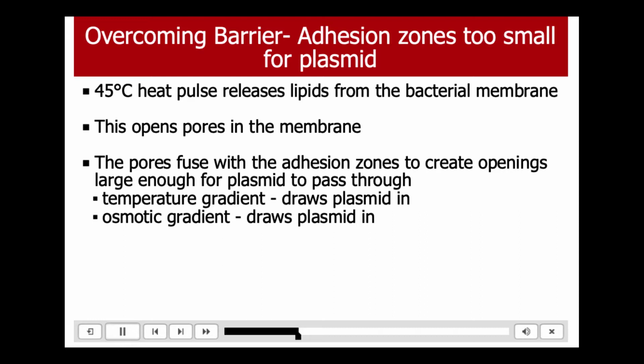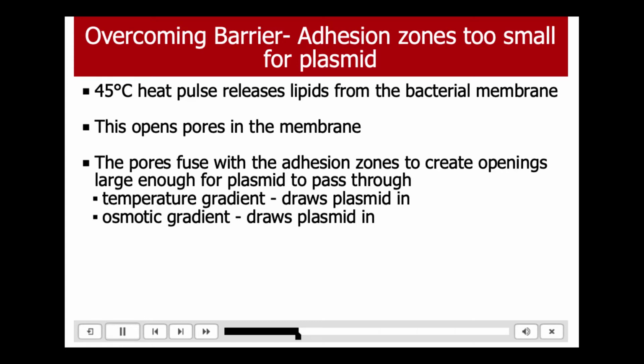So recall that it's going to be cooler inside the bacteria than outside because we're briefly putting this tube in the 45°C water bath. So that can help draw the plasmid in. There's also usually an osmotic gradient set up between the intracellular and extracellular space.